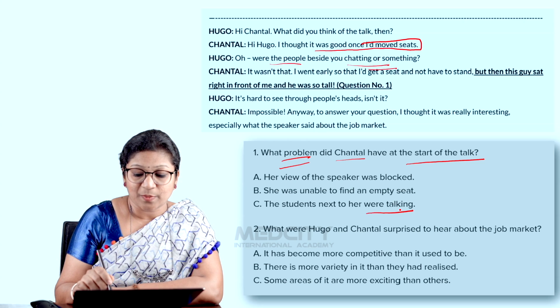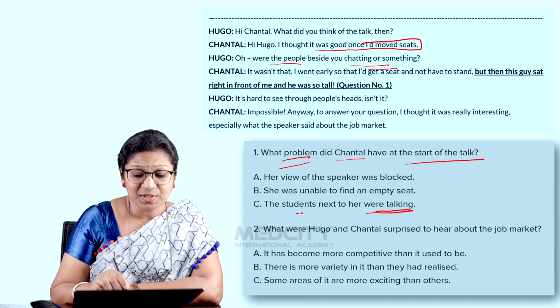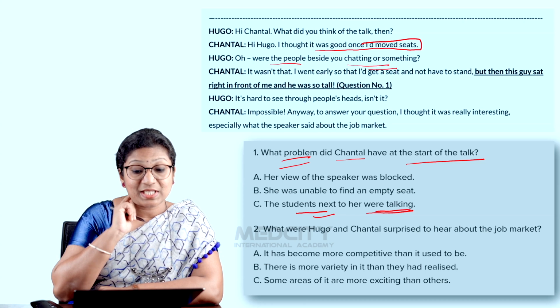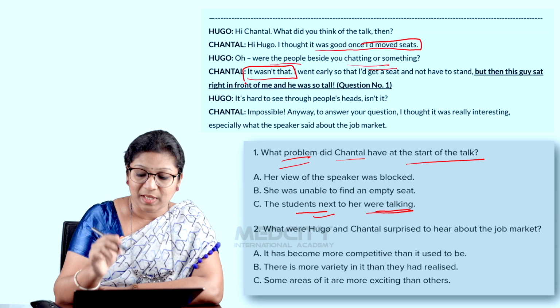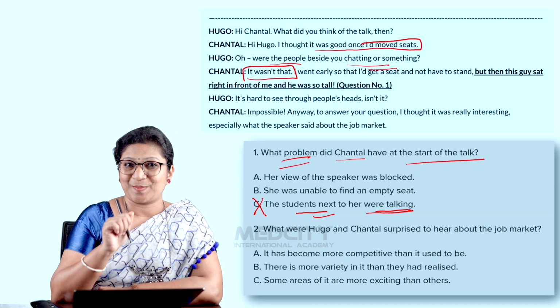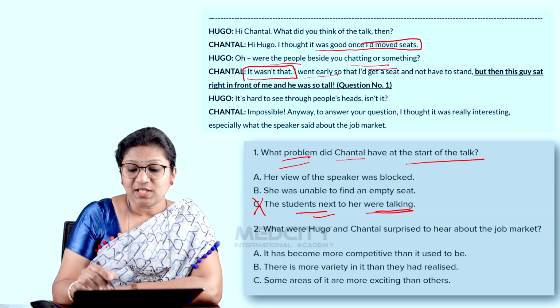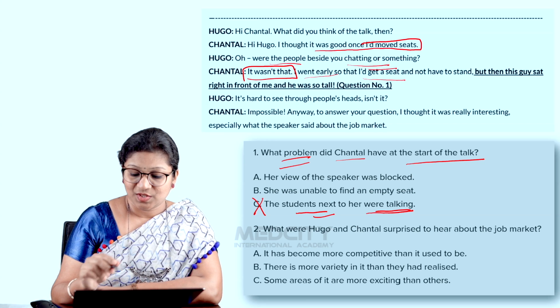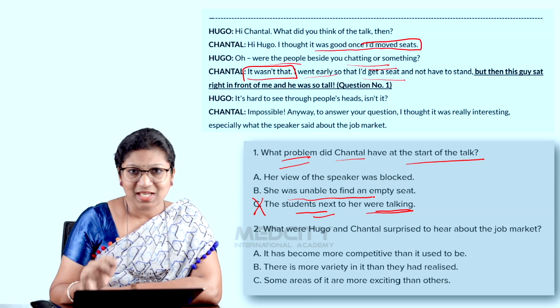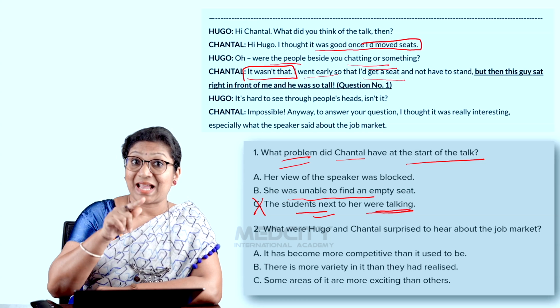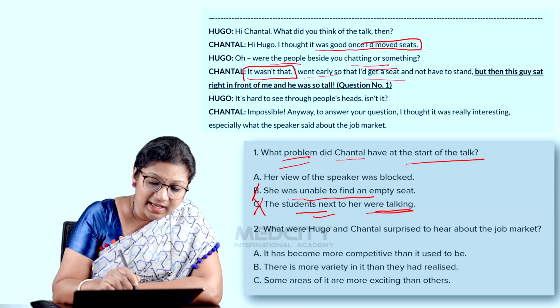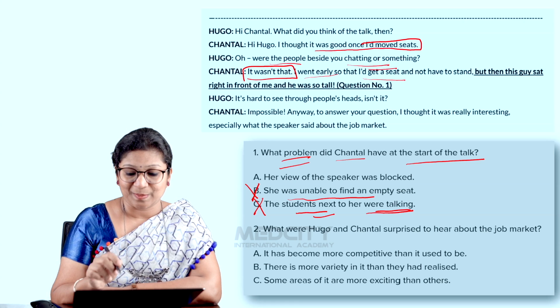So we have this option about talking students next to her, but then she says it wasn't, which means we can eliminate option C. And then she says, I went early so that I'd get a seat. So unable to find an empty seat is not a possibility because she had been there early. So we can negate or eliminate option B.